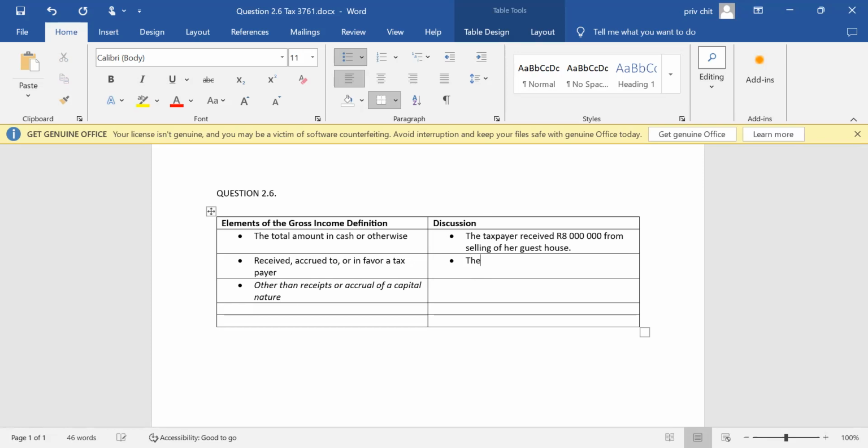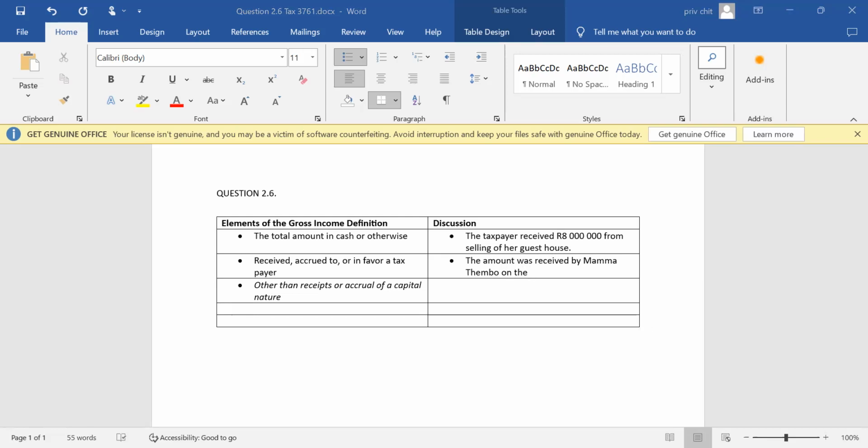Then now, received by or accrued to or in favor of a taxpayer. Well, obviously, the amount was received. So you mentioned the date now, was received by, what's the name of that person? Mama Tembo, right? On what date was it that we were given?